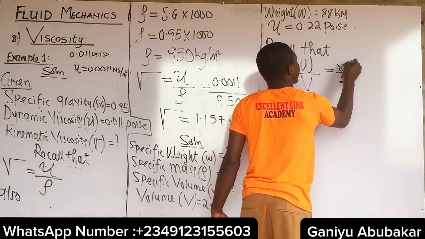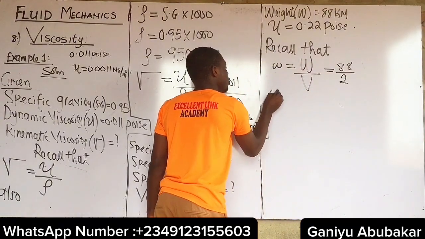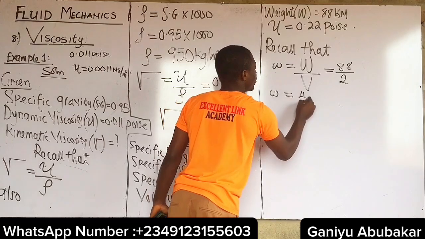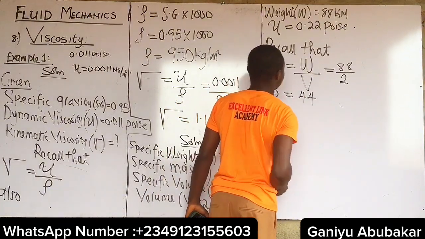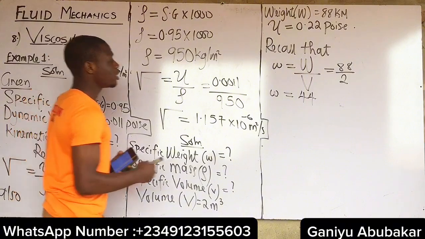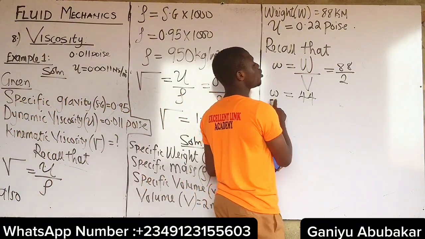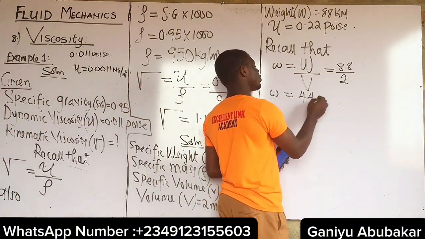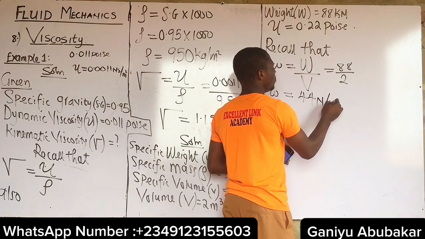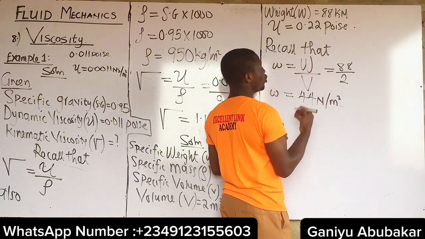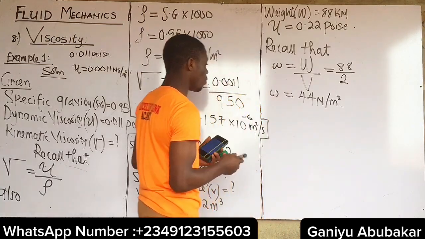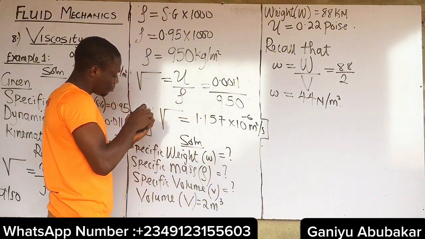So I'm having 88 all over 2. Small w, known as specific weight, is equal to 44, which is measured in Newton per meter cube, or kilonewton per meter cube if you want to. Alright, so that's my unit for specific weight there.